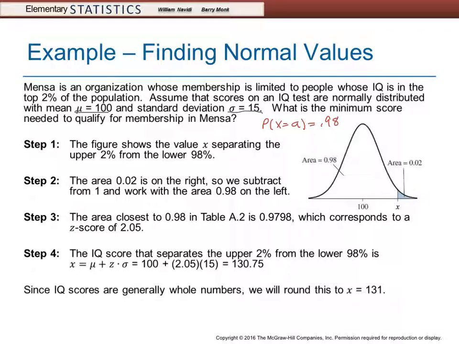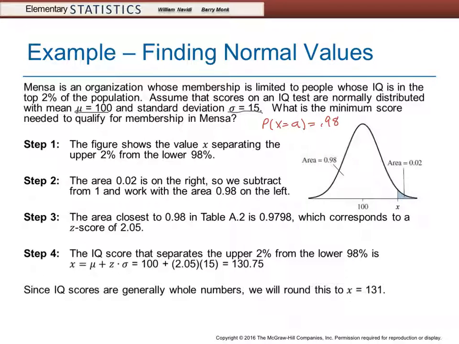Our table always shows information to the left of x, and we're trying to find a value for x. So to get the 0.98, we subtract 0.02 from 1.